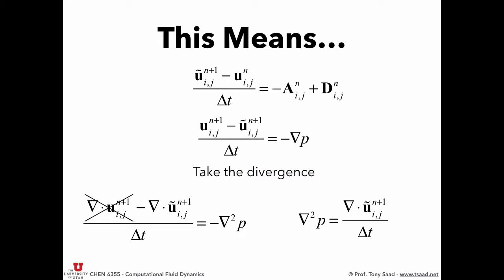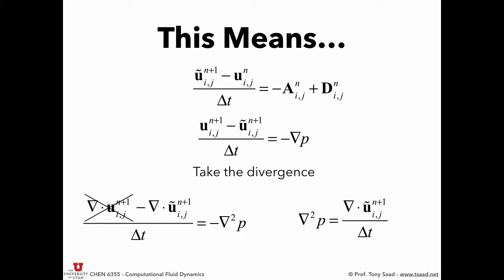Del squared P is div U tilde over delta t. U tilde is obtained from the advection-diffusion step. Once we find the pressure, we put it back here to get u^(n+1). This should guarantee that div u^(n+1) is 0. Can we double check? Yes, of course.